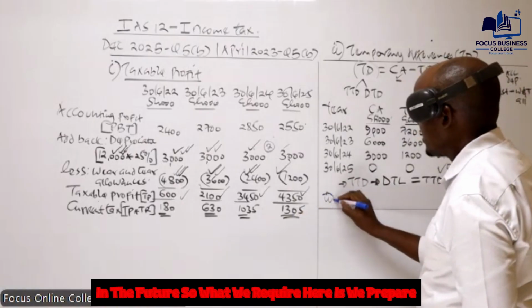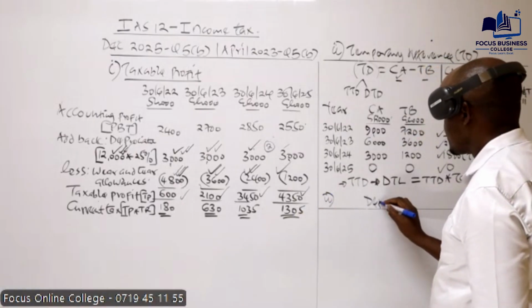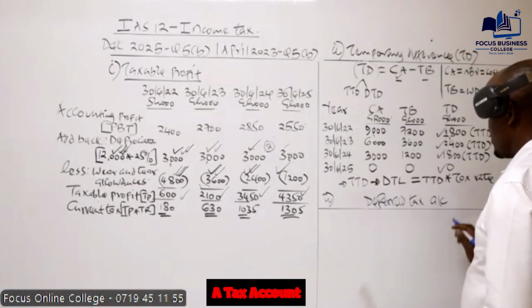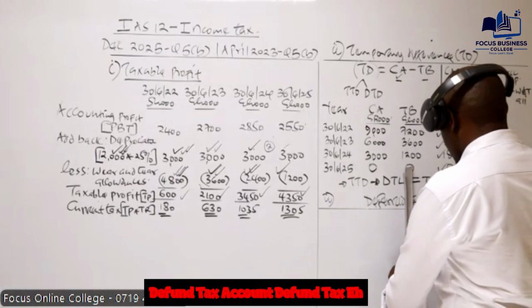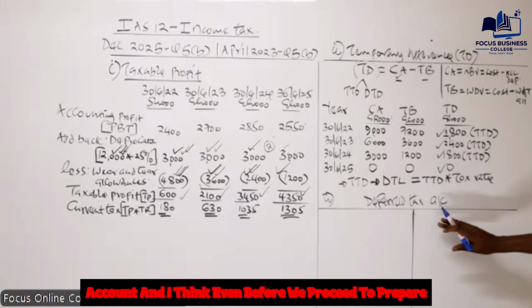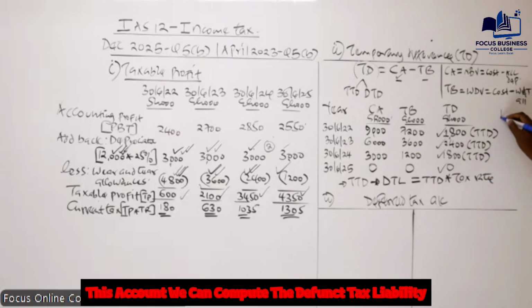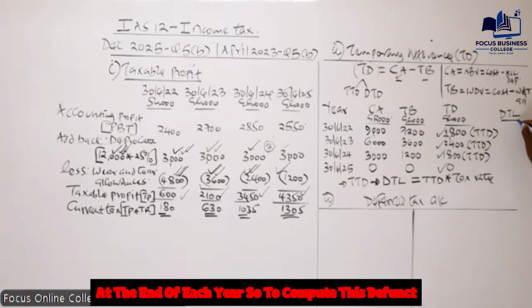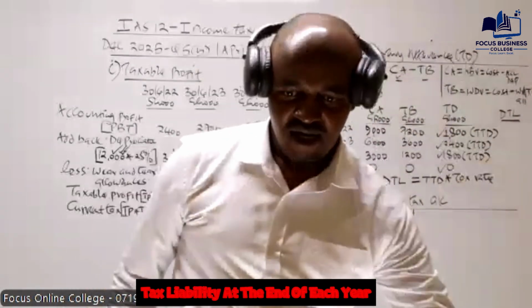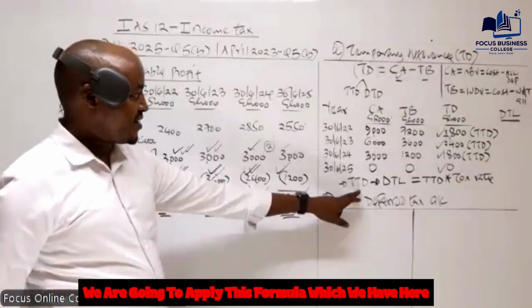So what we are required here is to prepare the deferred tax account. And even before we proceed to prepare this account, we can compute the deferred tax liability at the end of each year. So to do that, we are going to apply this formula which we have here.